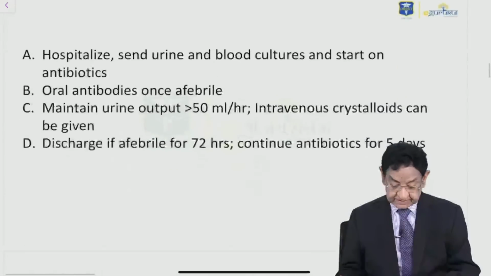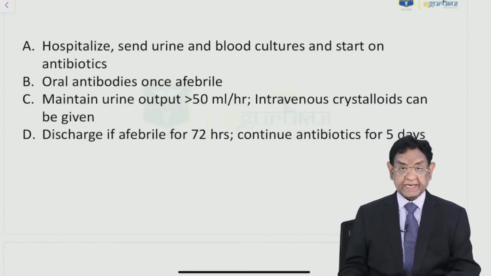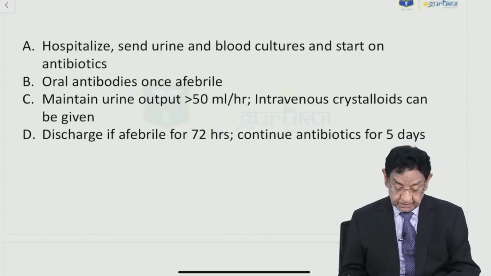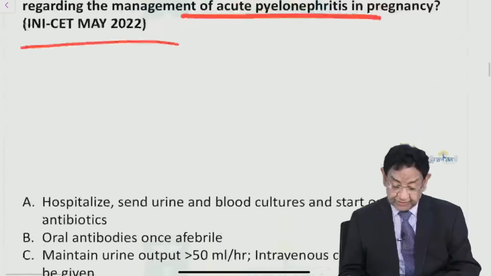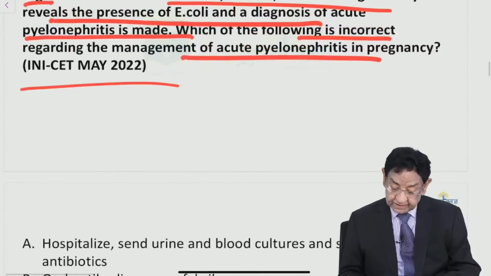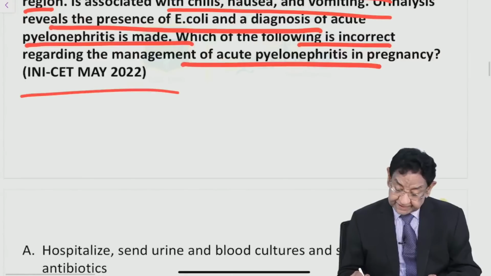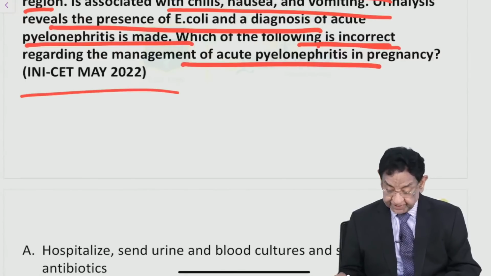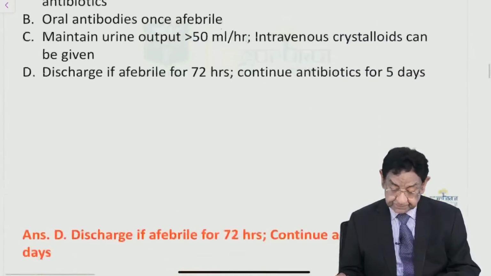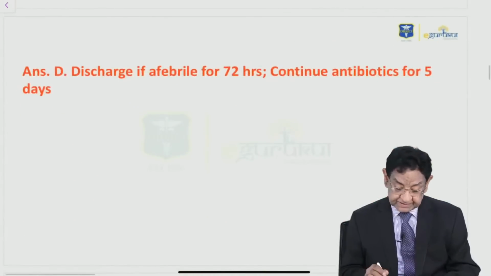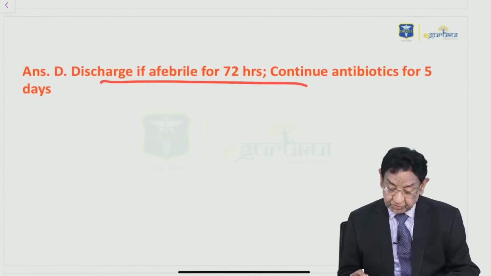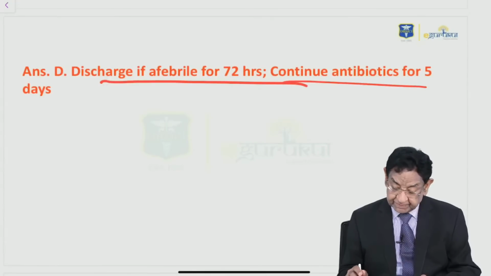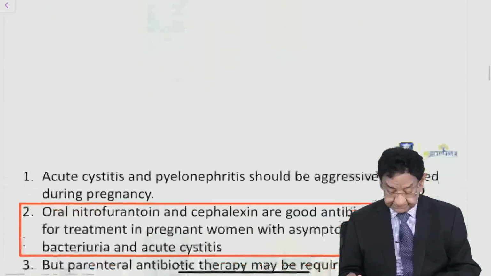There are 4 options. Which of the following is incorrect regarding management of acute pyelonephritis? The right answer is: discharge if afebrile for 72 hours, continue antibiotic for 5 days.